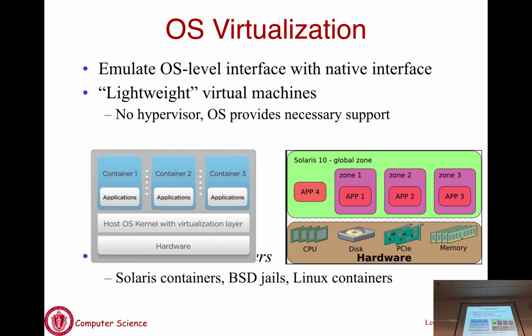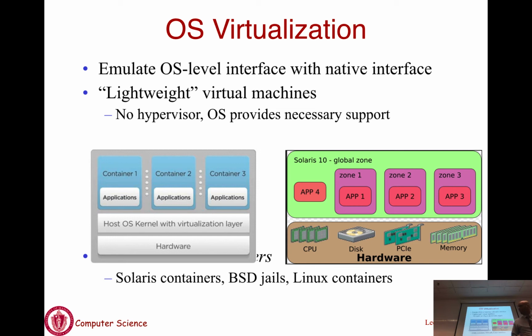Let's say take BSD as the example that you mentioned. So the modification has been done at the OS level to create the ability to create containers? The question is, has the modification been done at the OS level to create these containers? Any OS that supports OS level virtualization will allow you to create these lightweight VMs.